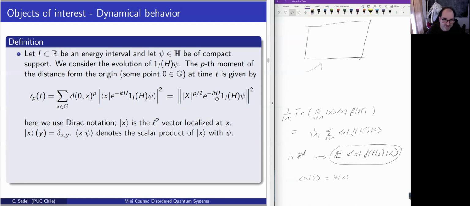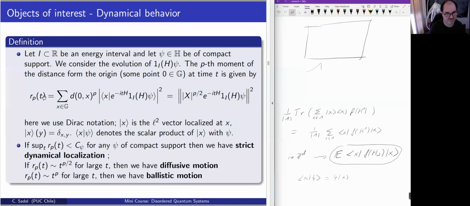And this is actually how we define it in the continuous case. So this is the p-th moment of the distance after time t. And this is the probability to find the particle at site x after time t, so it tells you how far the particle has traveled at time t, on average.